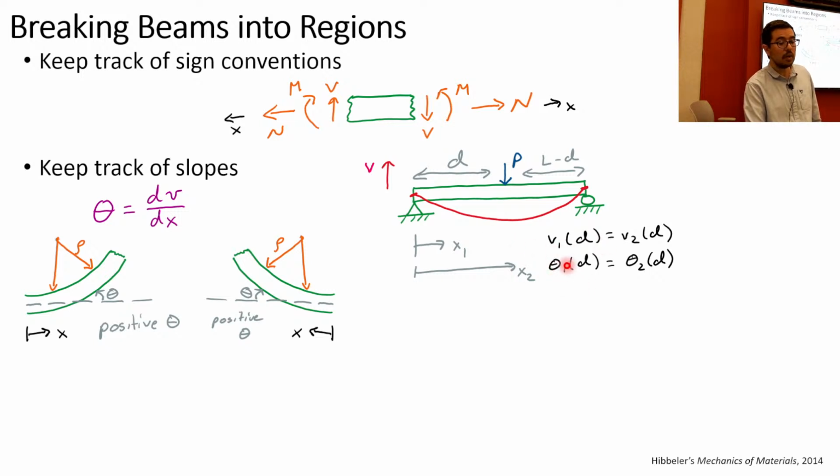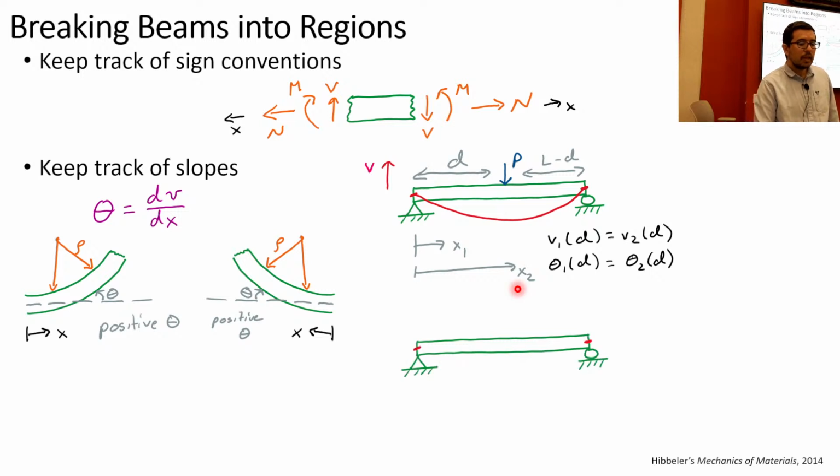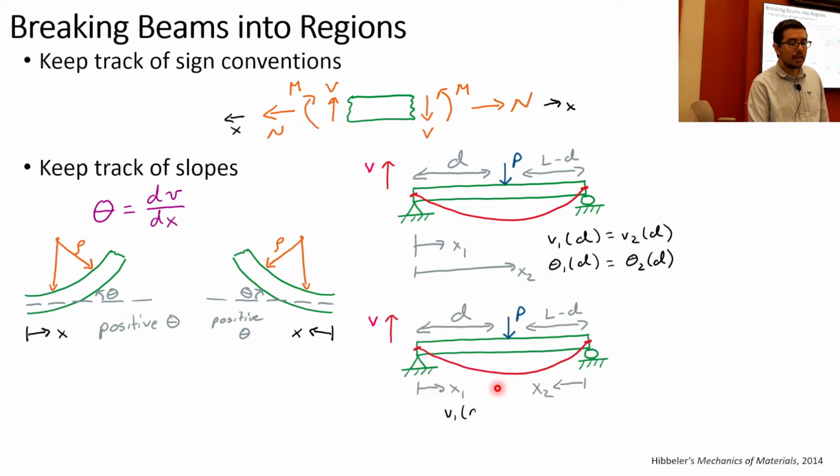So if I'm at a particular D away here, I'll be at the same point. V1 of D is right here. V2 is also right there. If I go from opposite sides, then V1 of D is here, or here. And V2 of L minus D is also here.